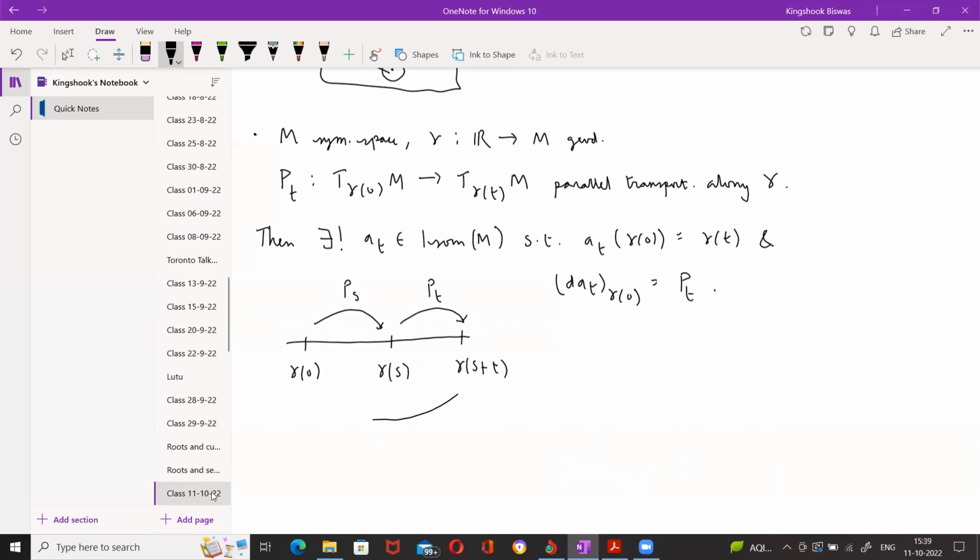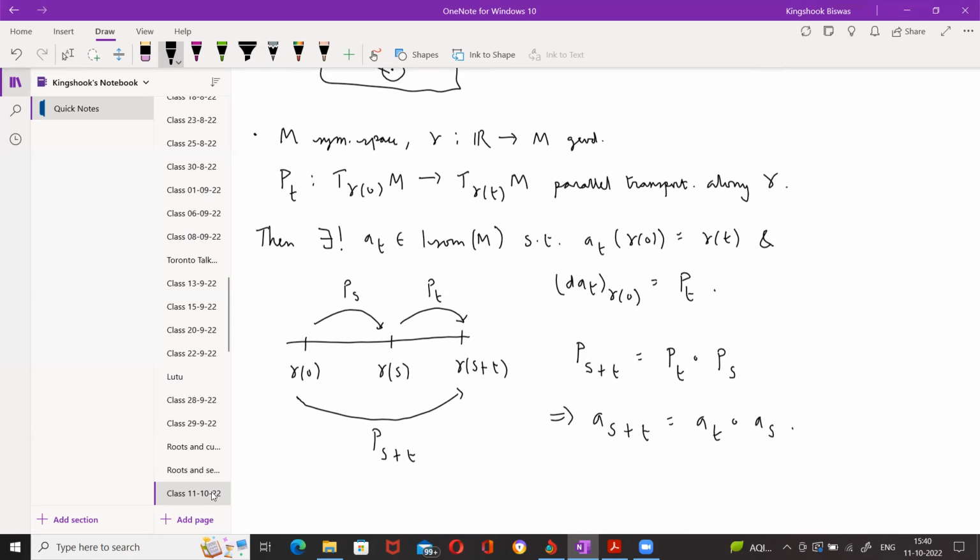The composition I know is parallel transport P_{S+T}, right? So P_{S+T} is equal to P_T composed with P_S. This implies, by uniqueness of these isometries A_T, that A_{S+T} is equal to A_T composed with A_S. Is this clear? Yes, sir. Okay.